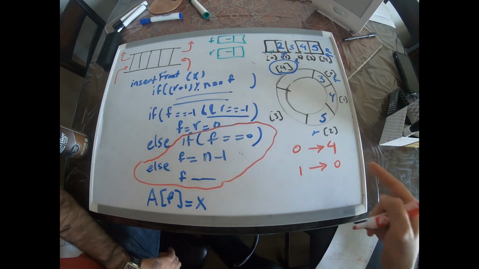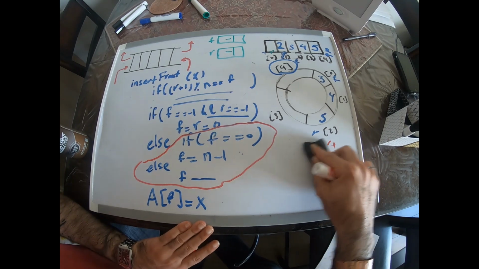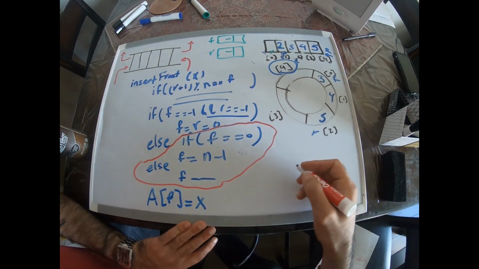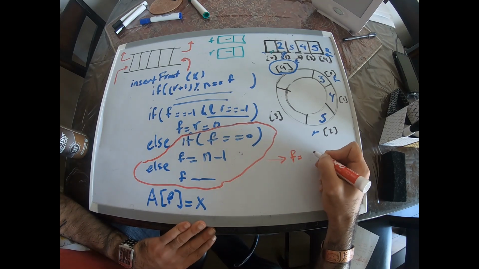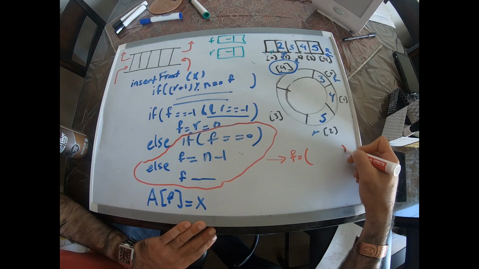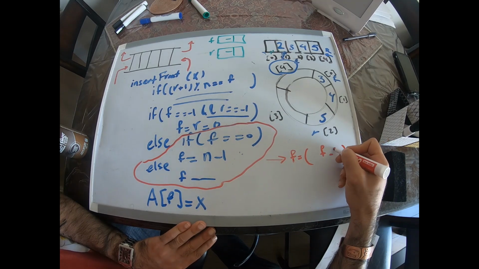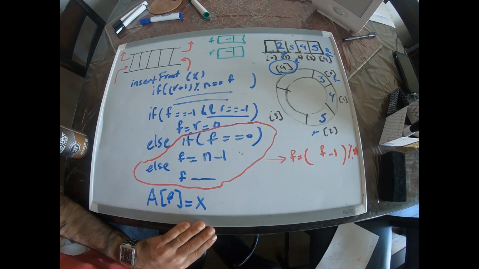If it is 0, we want to make it n minus 1, right? So you can write this in this way: f is equal to f minus 1 mod n, right?